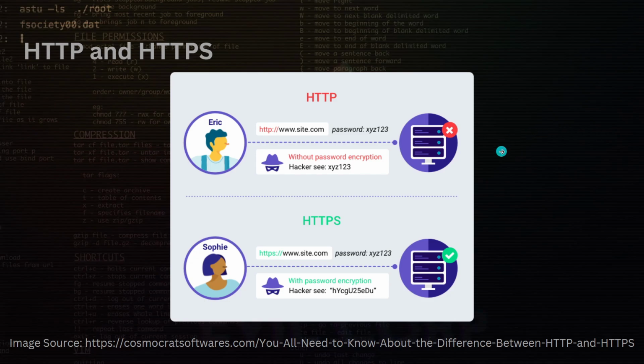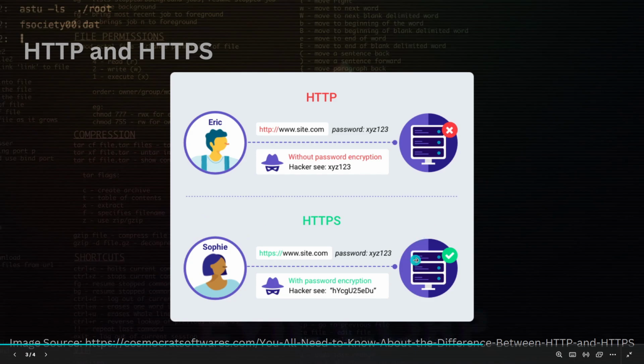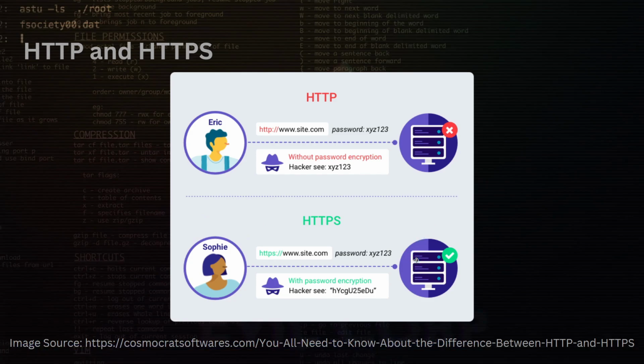On the other hand, HTTPS is the secure version of HTTP. It uses SSL and TLS encryption to secure the data, which makes it much harder for an attacker to intercept and read the data being transmitted between your browser and the web server. This is why you see a lock icon in the URL whenever you visit any banking site or any site which uses HTTPS.